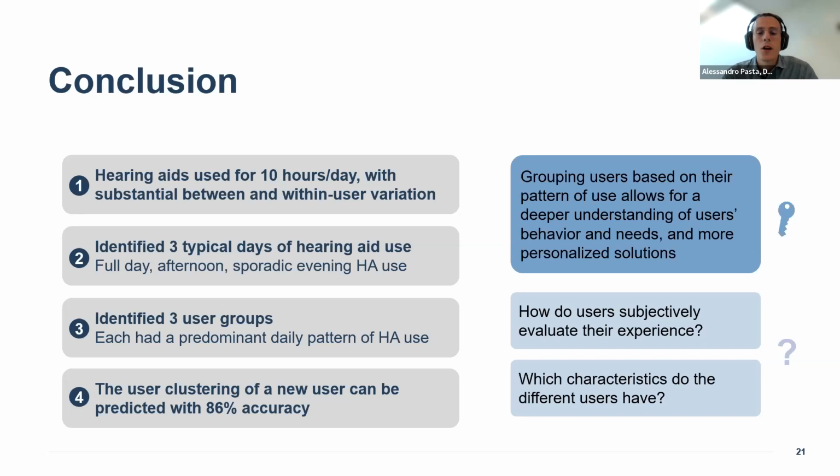Indeed, for instance, we have a cluster of users that tends to use their hearing aids sporadically and mainly in the evening. It would be interesting to look into whether these users are behaving like that because they're not satisfied with their hearing aids and therefore are maybe likely to put their hearing aids in a drawer for the rest of their lives, or if they're behaving like that because they're less dependent on their hearing aids and therefore only need them in very specific and complex occasions.